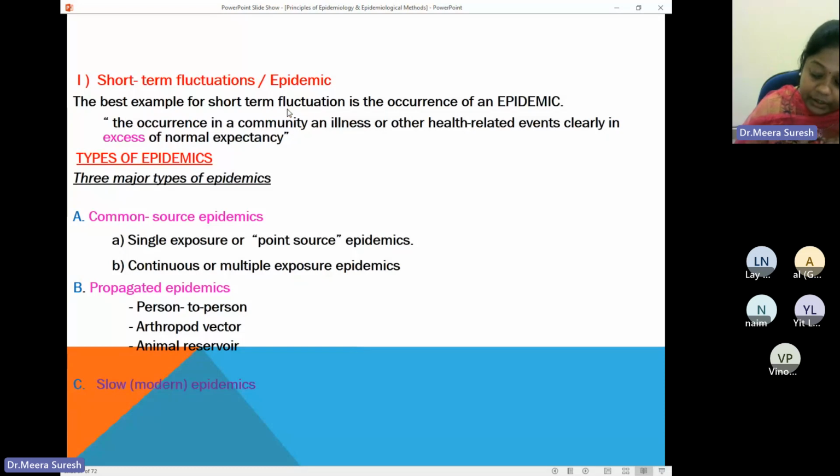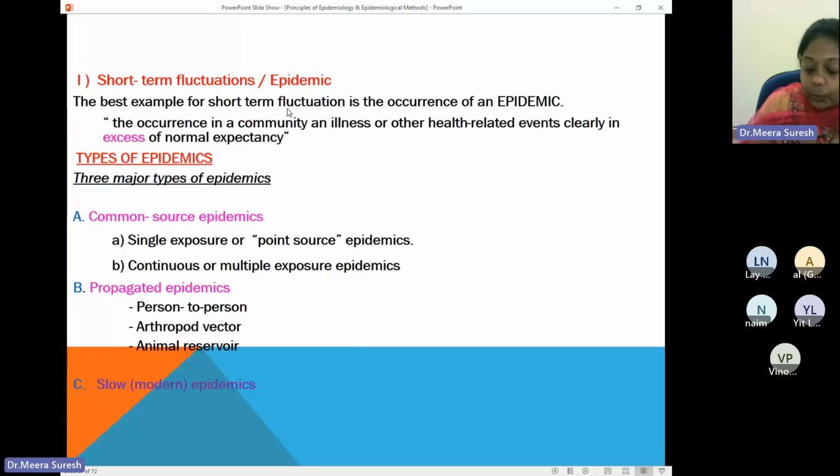But next week, if that 5 becomes 10, then also it is not much. But if it is going to be 15 or 20, which is a sudden increase, then it is considered as an epidemic.